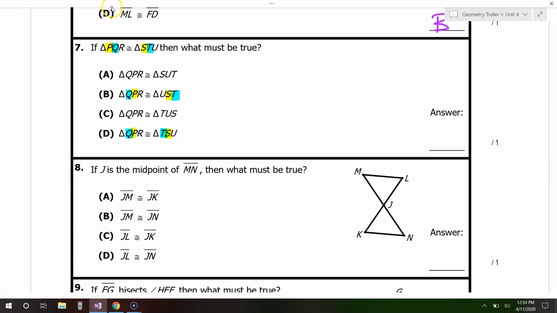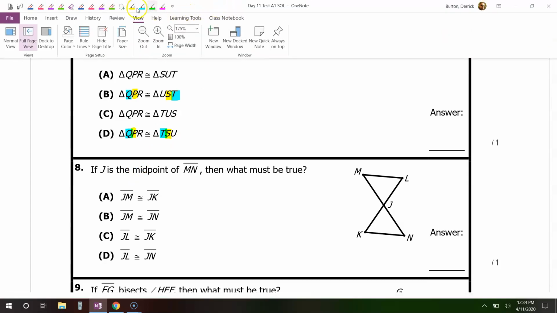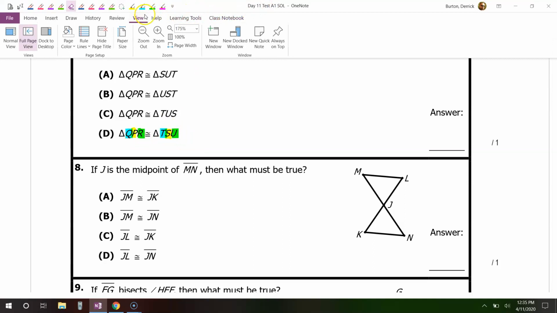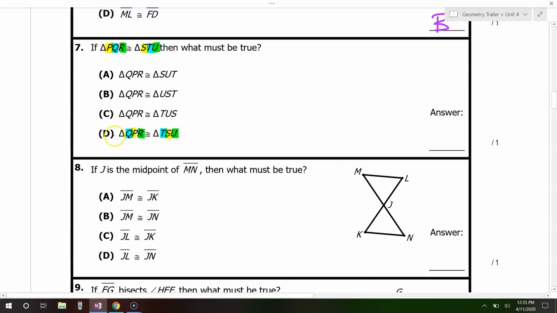We could go even further and talk about R and U. Here's R and here's U in the same spot. So the answer is D, the only one that has the corresponding letters in the same position in both triangles.